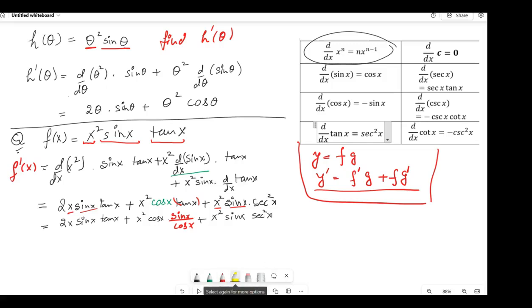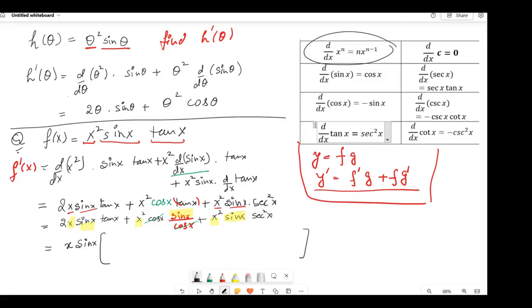Now if you notice, x is in each of the terms and also sine x is in each of the terms. So basically what I'm saying is I can factor out x and sine x. Also I notice that this cosine can be divided by each other, will be just 1.